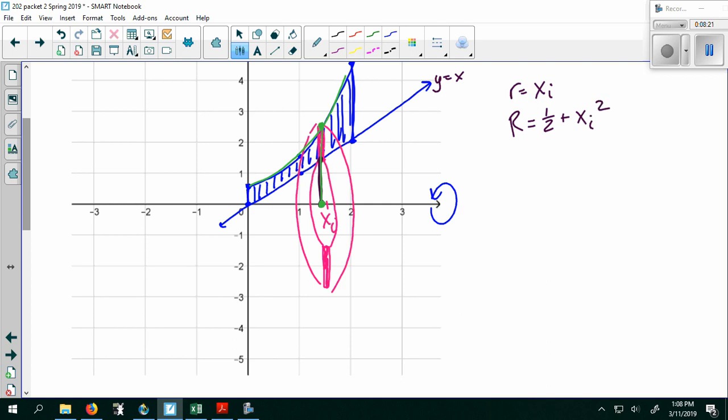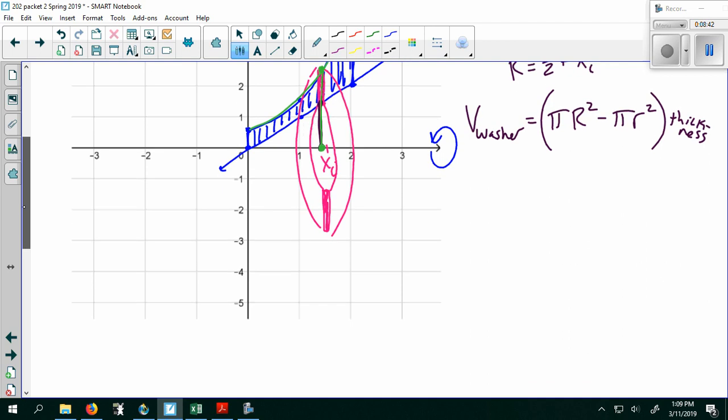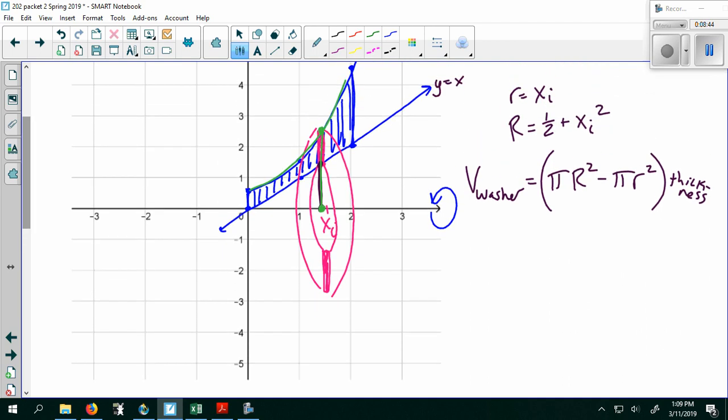So the volume of my washer is pi times big R squared minus pi times little r squared, times the thickness. I need a little bit more space to write that all out, so I'm going to jump down here.